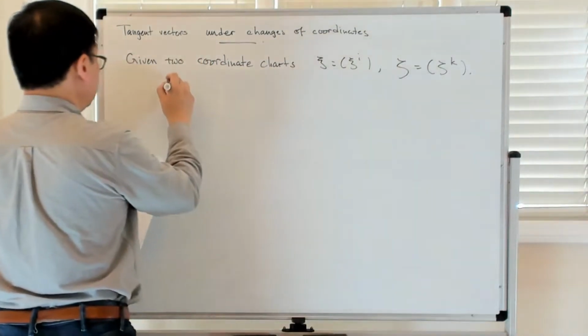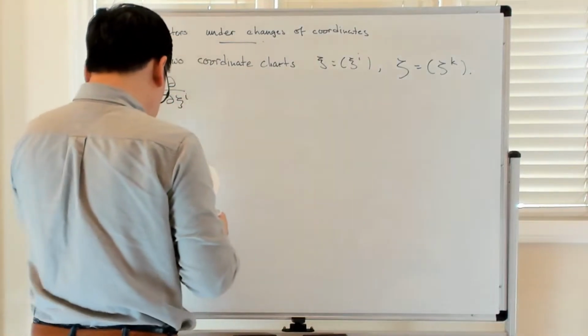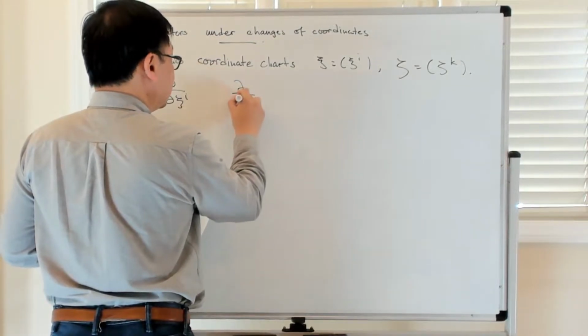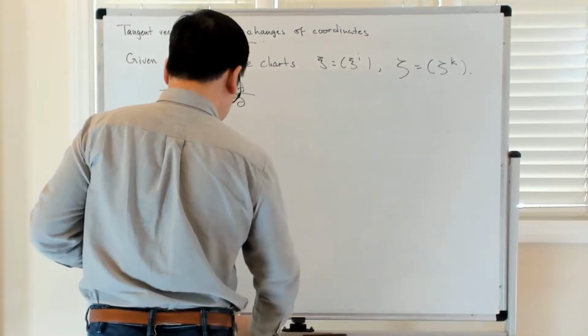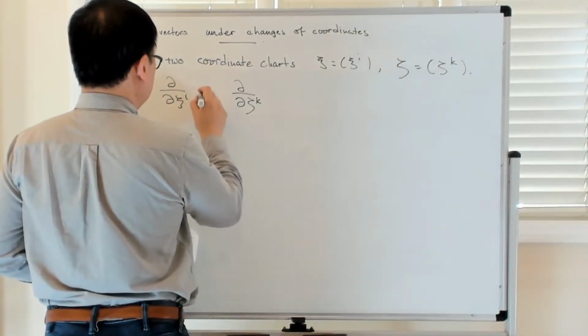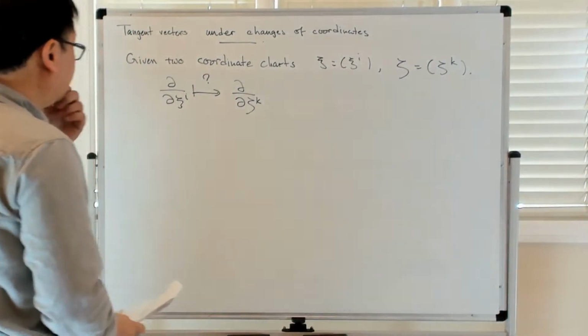So you have the partial derivative with respect to phi, and there are partial derivatives with respect to this other coordinate system as well. So how are these related to each other? How do you go from this to this? So that's the basic question.